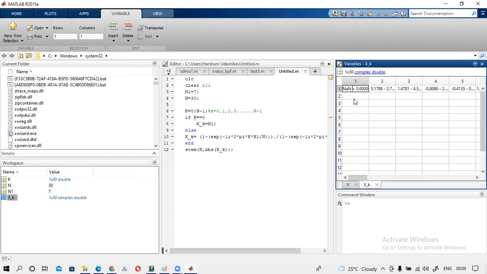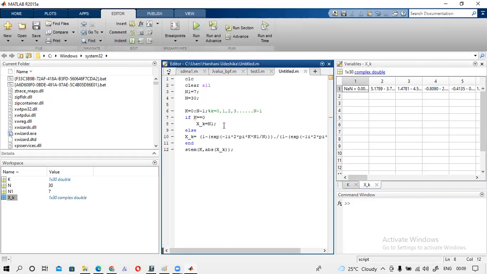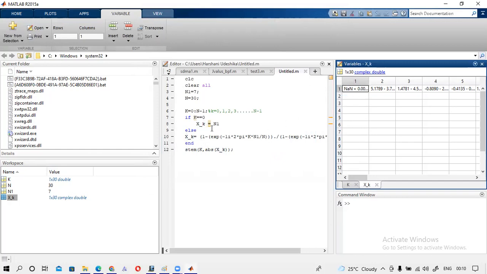Here you have, it is said that it is... again this one. Why is it not calculating? What is the problem?